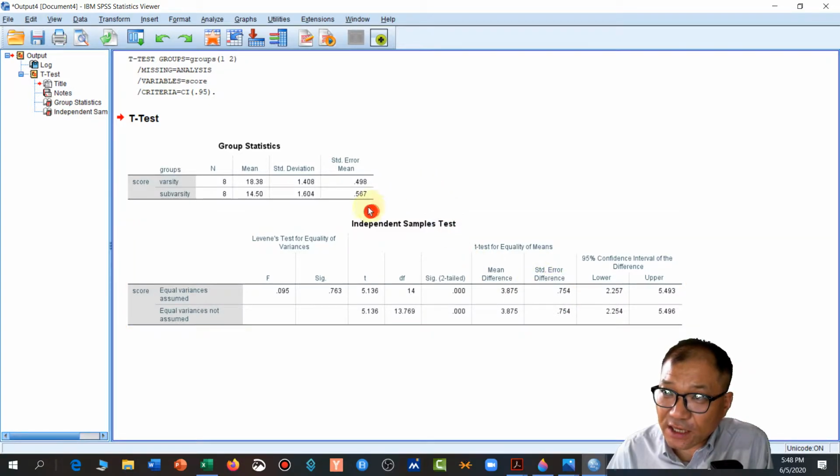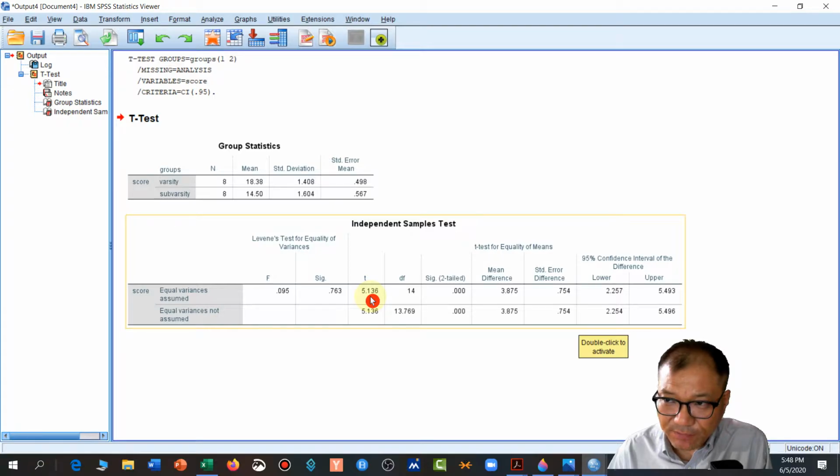If this one is 0.01, then you need to read the bottom. But typically you will see this significance level is greater than 0.05, so I would recommend you read the top part in this class. So the standard error of the distance is right here.